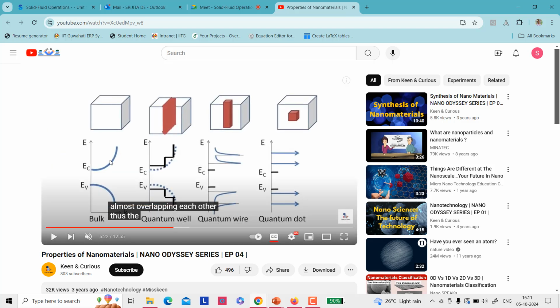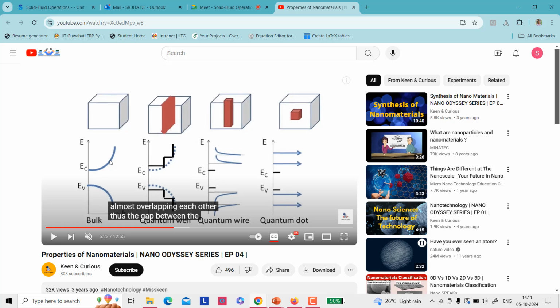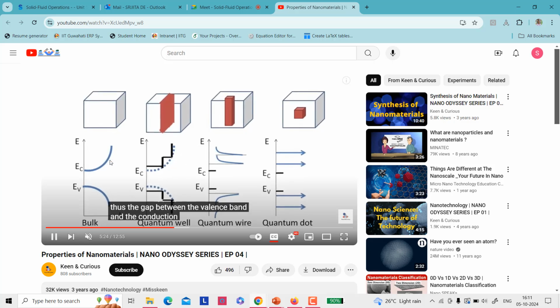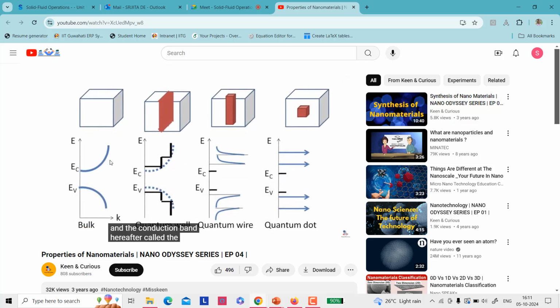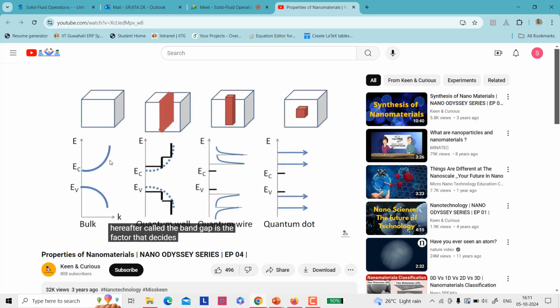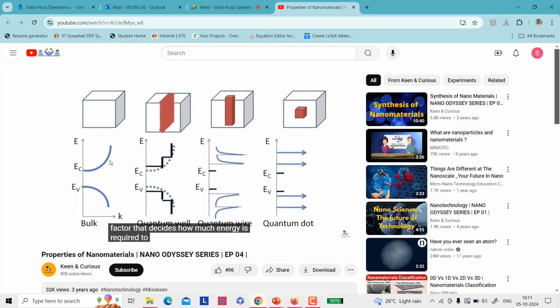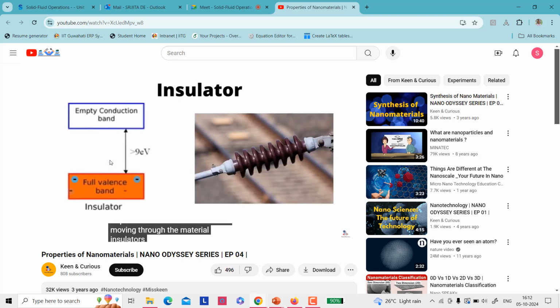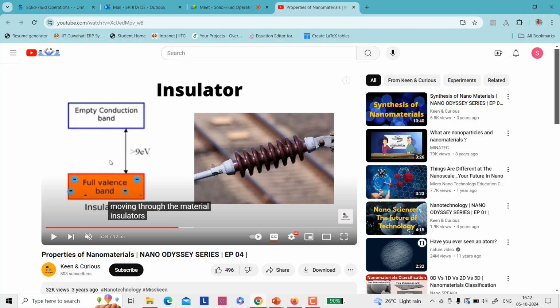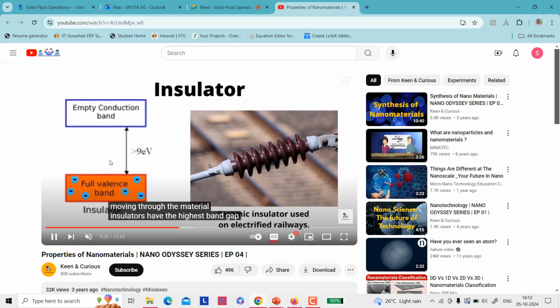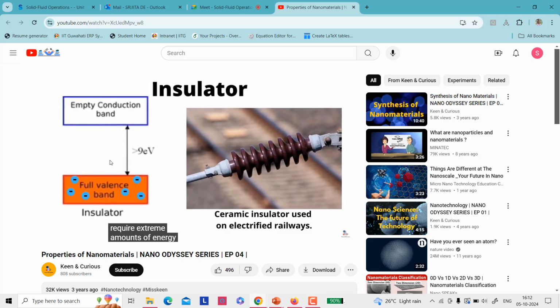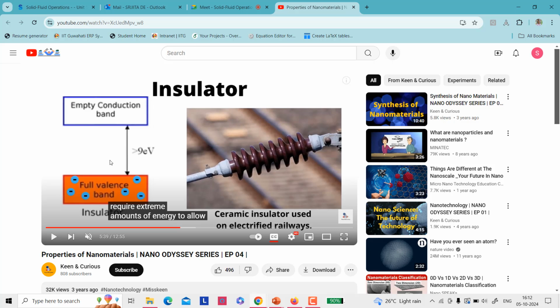Insulators have the highest band gap and require extreme amounts of energy to allow the flow of electrons, which may even damage the material. Conductors have the lowest band gap, which means that small amounts of energy are enough to allow the flow of electrons. Semiconductors have a band gap between those of insulators and conductors.